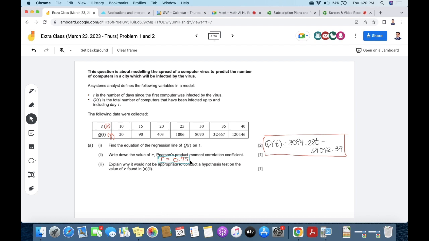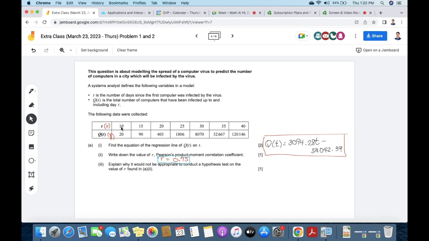All right? So when we say correlation, it talks about the causality, meaning causality means the cause. So the occurrence of T will cause the occurrence of Q of T. So in other words, it doesn't give you a certainty. It doesn't show you any certainty at all.